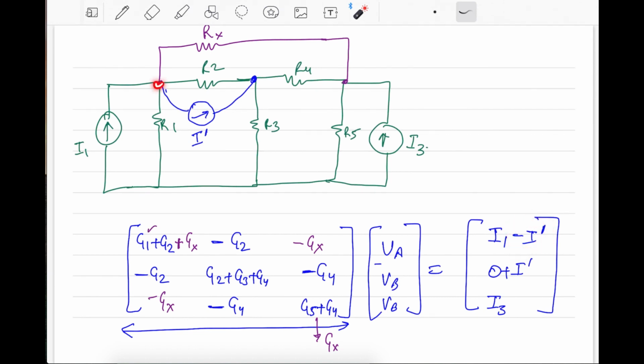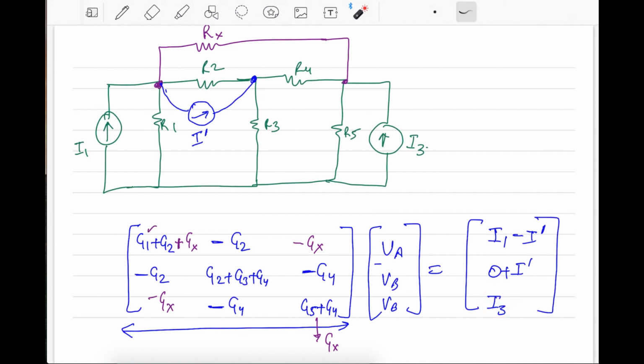So you will have I1 minus I dash. At node 2 there was no current source earlier, so you had 0, but now you have I dash injected into node 2, so it's plus I dash. For node 3 there is only one current source, which is I3, so there is no change and it will remain the same.